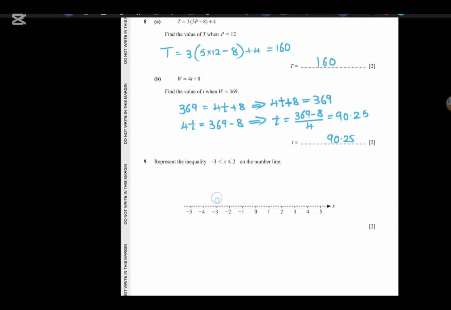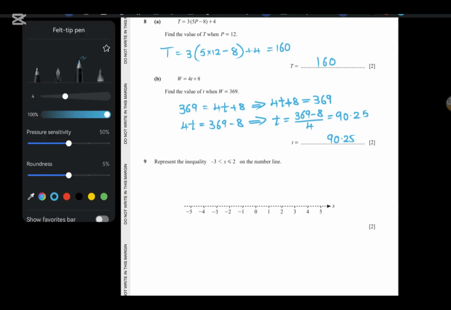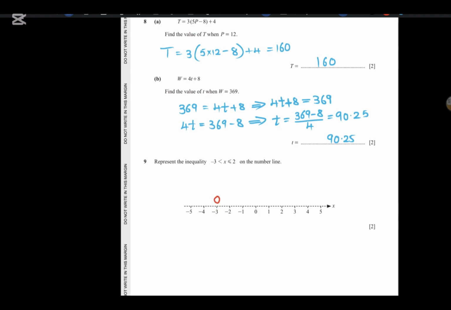So minus 3 to 2. Now you have to shade the circle at 2 and leave the circle at minus 3 as it is. This is the inequality shown.